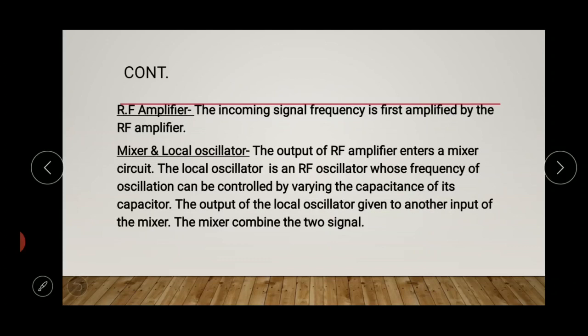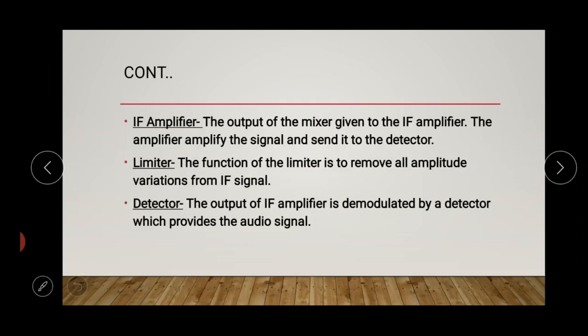The local oscillator is an RF oscillator whose frequency of oscillation can be controlled by varying the capacitance of its capacitor. The output of the local oscillator is given to another input of the mixer. The mixer combines the two signals, then gives the difference signal. The IF amplifier amplifies that intermediate frequency.